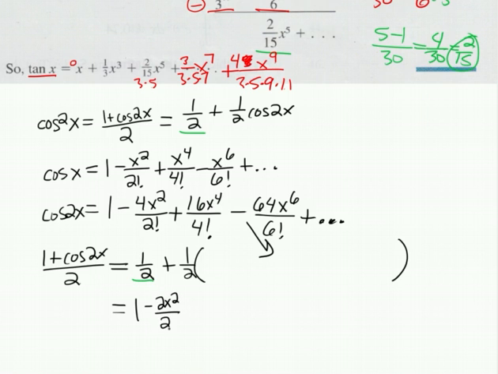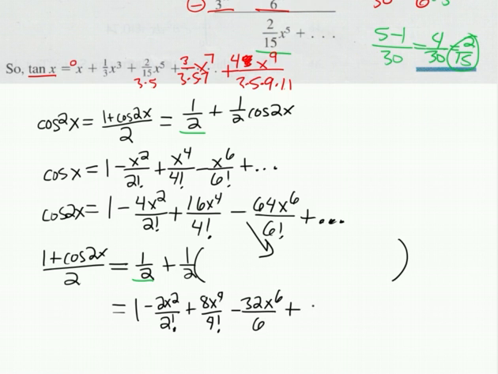I'm going to leave my factorials for pattern recognition here in a moment. I think probably want to do it like that. So we're going to have half of 16 is 8 x to the 4th over 4 factorial. And then half of 64 is 32 x to the 6th over 6 factorial. Let's do one more term.